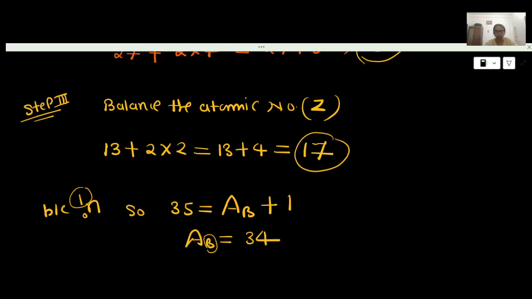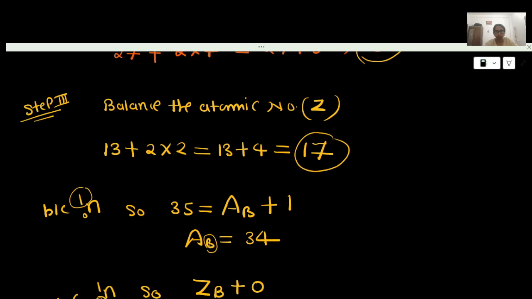Now calculate the atomic number, because the neutron has 0 atomic number. So Z_B, the Z of our target B, plus 0 equals 17. So Z_B is equal to 17 because there is 0.